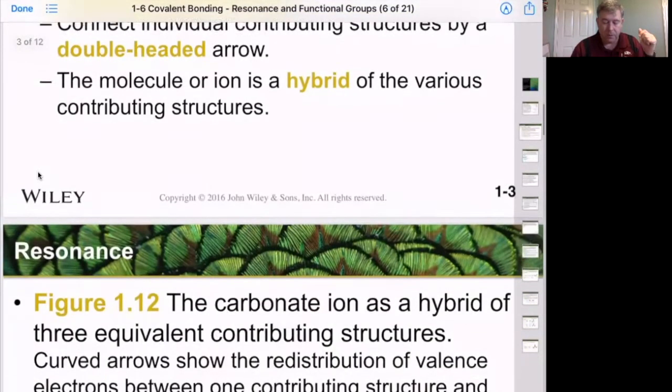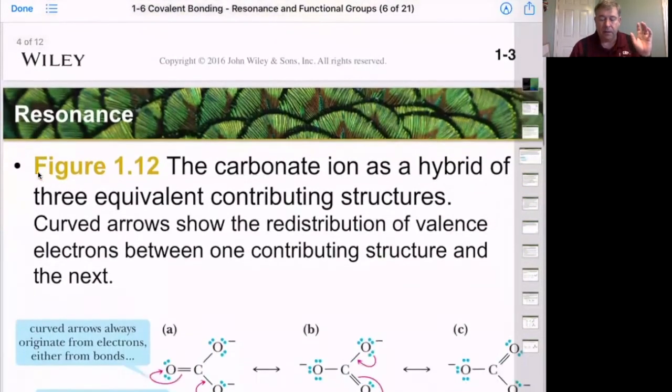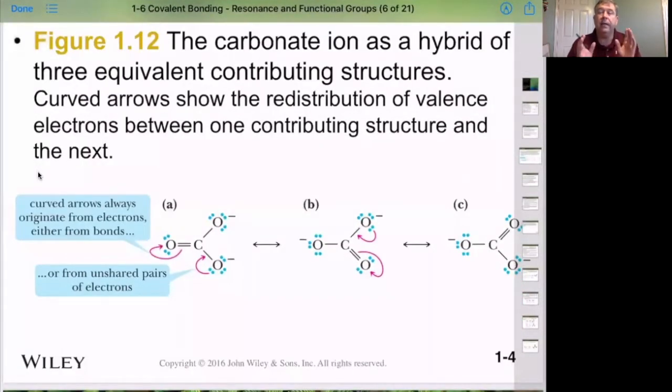So how do we draw this and how do we get in our heads that these are equivalent structures? If we take a structure we drew as a Lewis dot structure and we move only electrons, do not move any atoms, do not break any bonds between atoms.